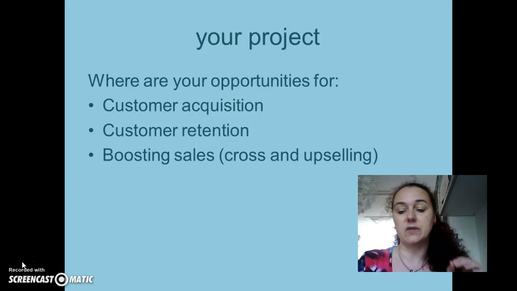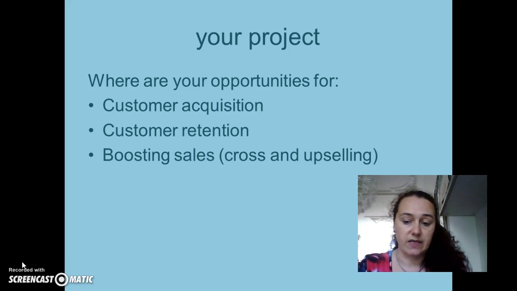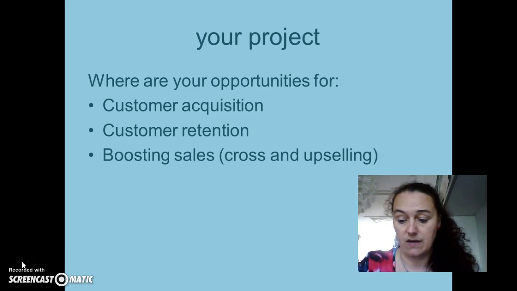So when you think about your own project, think about where your opportunities are for getting in new customers, keeping them in as customers, and maybe boosting sales. So are there opportunities for cross-selling, upselling, accessories, more expensive versions, these kinds of things.